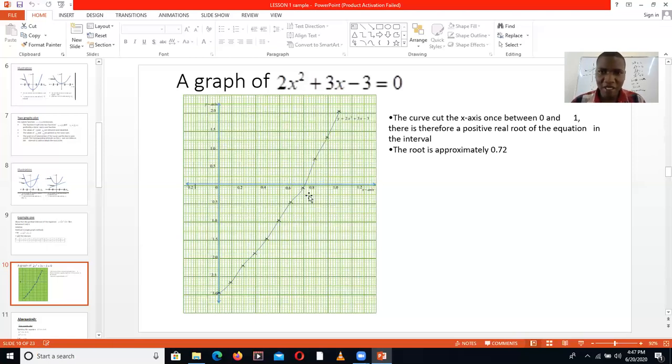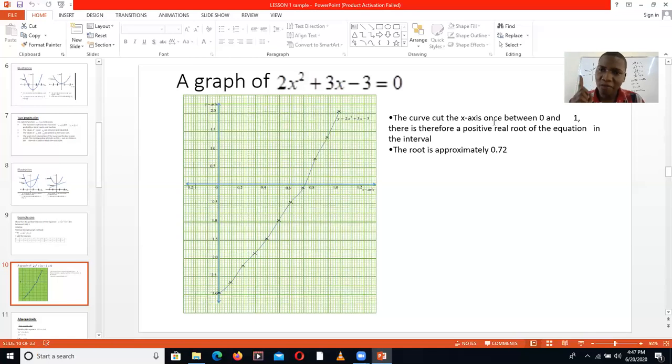So how do you conclude? They said you show that the root of this function exists in the interval 0, 1. And we notice that the curve is crossing the x-axis in the interval given. So that confirms that the root exists. So here we shall say the curve cuts the x-axis once between 0 and 1.